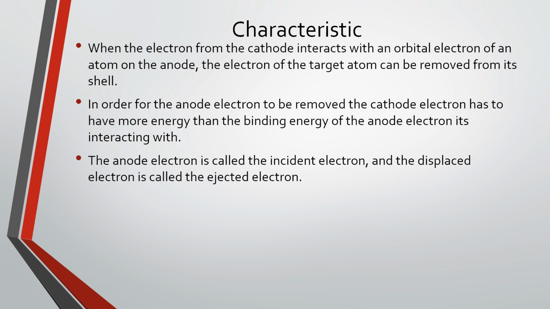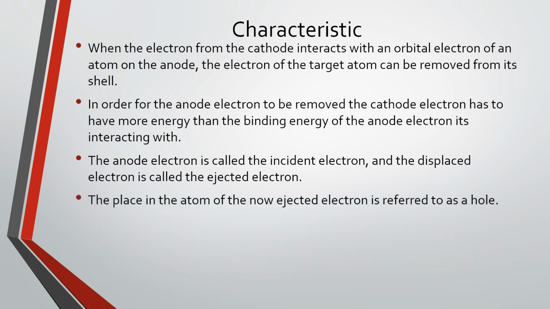The cathode electron is called the incident electron, and the displaced electron is called the ejected electron. The place in the atom of the now ejected electron is referred to as a hole.